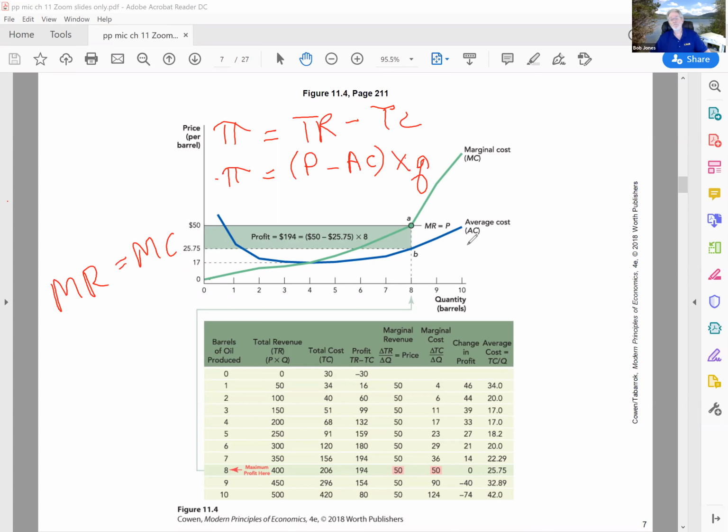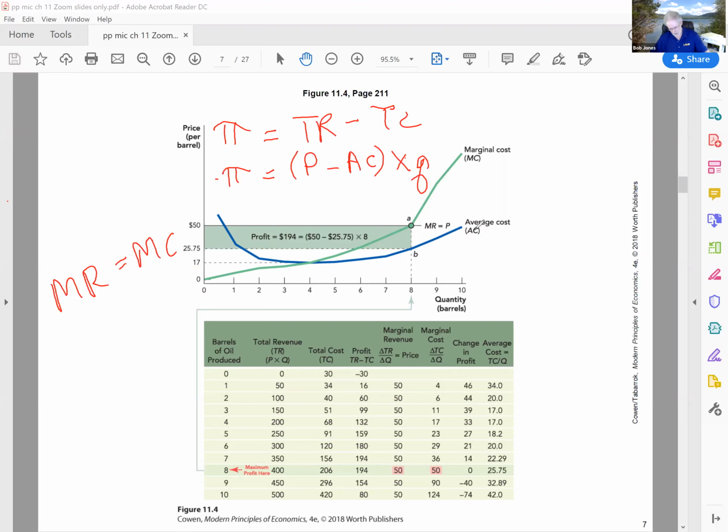Here we see that they have added in an average cost curve. Important to recognize that average cost curves will have this general shape. Notice the marginal cost curve. As the firm is producing more and more, marginal costs tend to go up. The more you're producing, the higher the marginal cost of producing an extra unit.